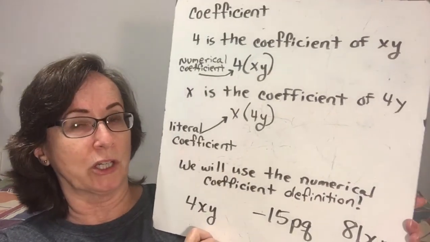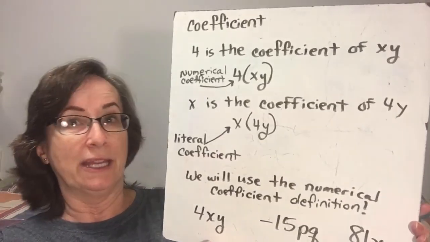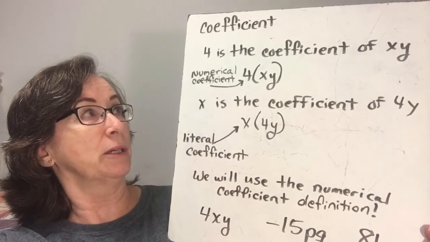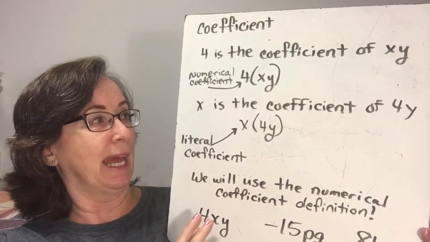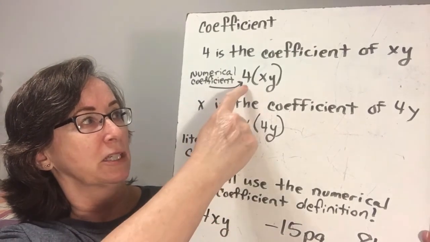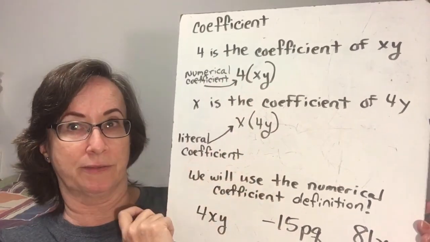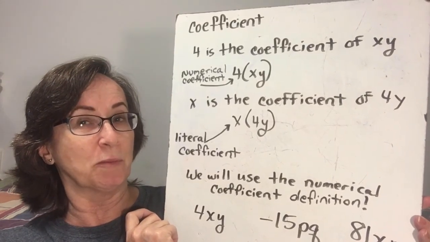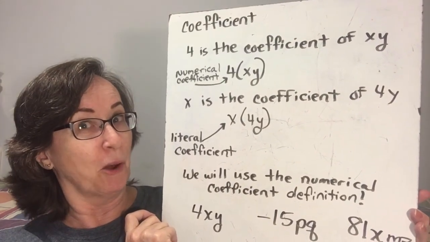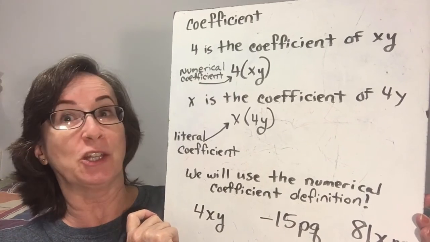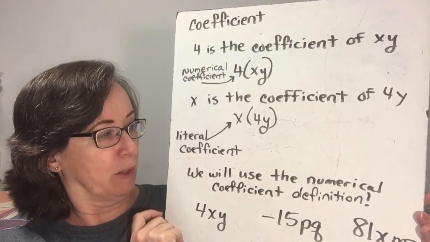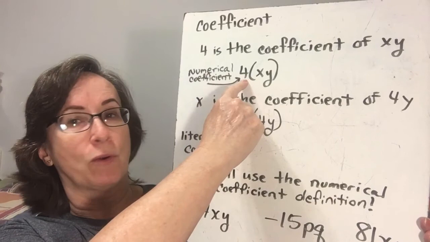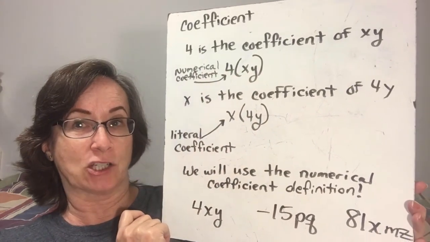So the second little board here is the definition of the word coefficient. In your text, it's going through the difference between a numerical coefficient and a literal coefficient. This is probably a little bit more information than you even need to know, because usually we use the form of coefficient that is actually a number.